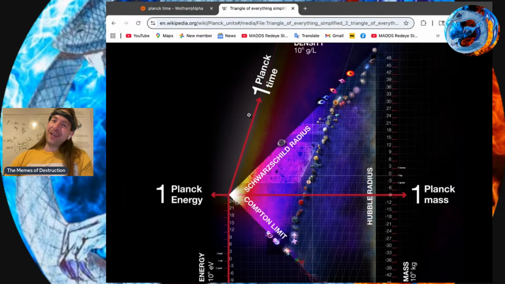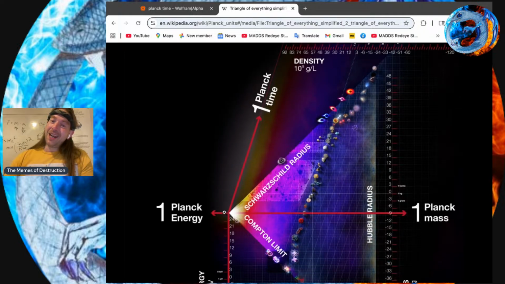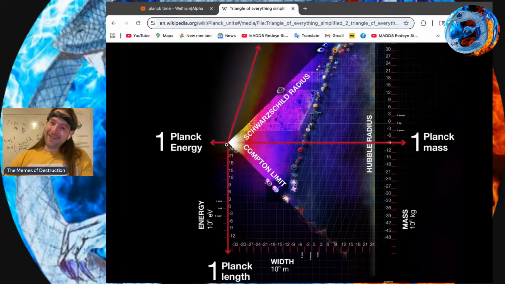Basically what they're showing here is in terms of time, and now this is the claim, they're now doing density and everything. If you had a one Planck mass black hole, it would have a radius of about 2 Planck lengths, because there's a factor of two in there.